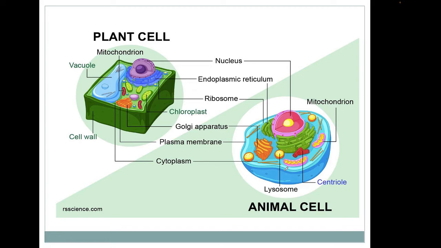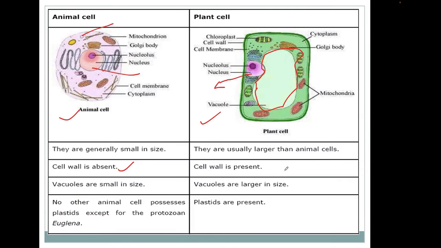Coming to the animal cell and plant cell, we discuss what is the difference between the animal cell and plant cell. This is the animal cell, this one is the plant cell. Animal cells are generally smaller in size, but plant cells are usually larger than animal cells.